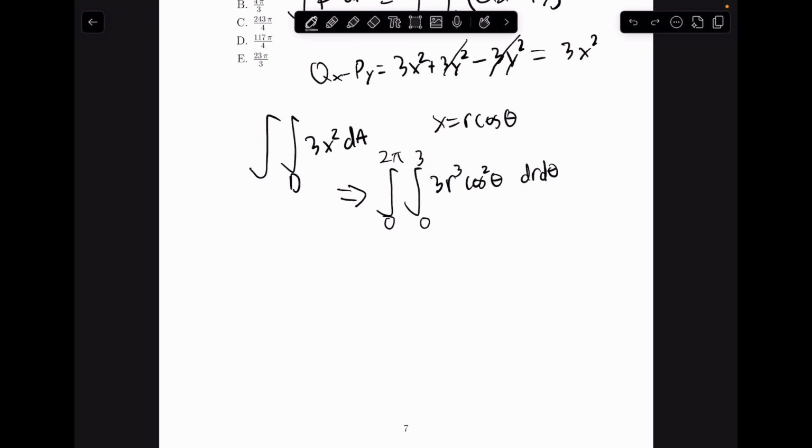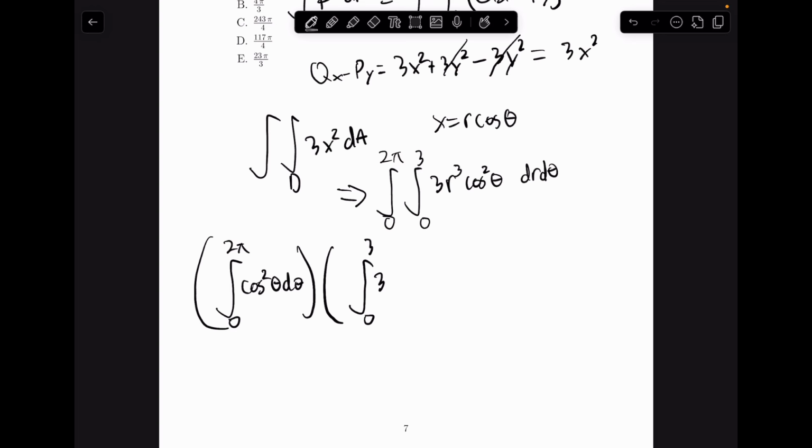It's constant. So we can rewrite this as the integral from 0 to 2 pi of cosine squared theta d theta, times the r integral, which is 3 r cubed dr.